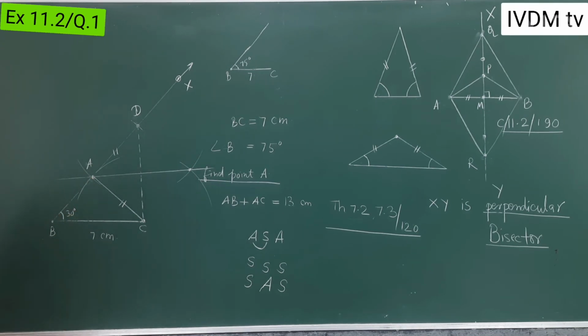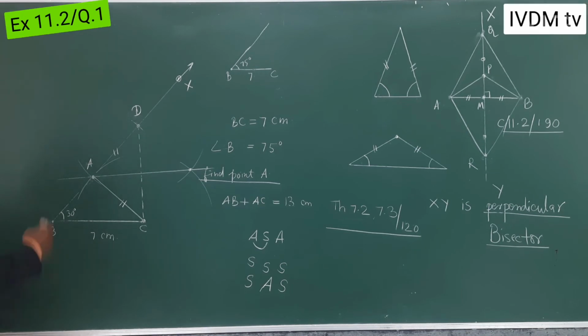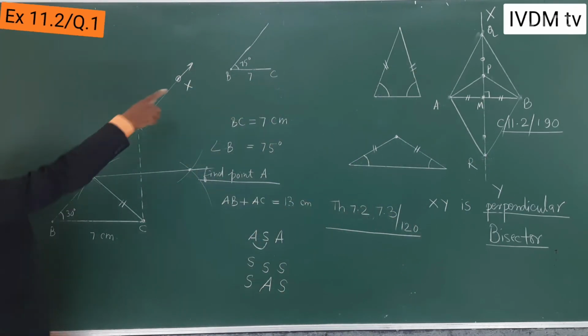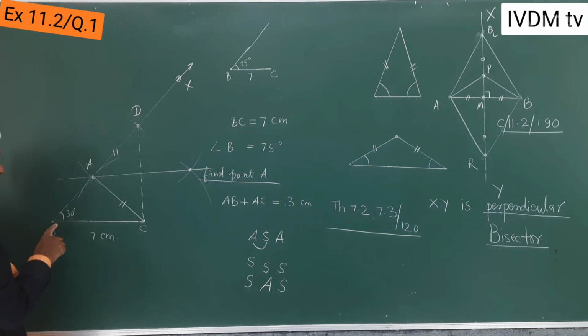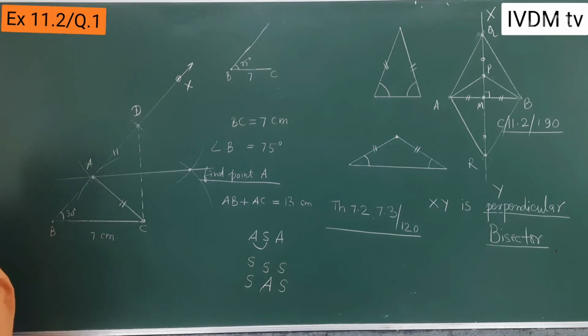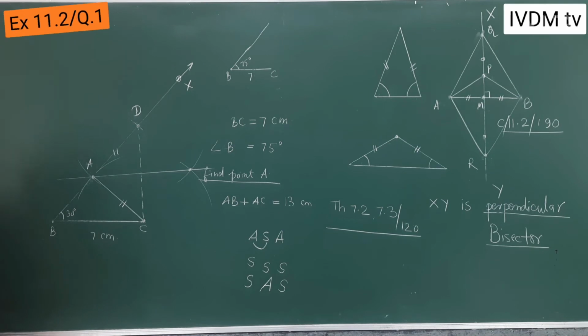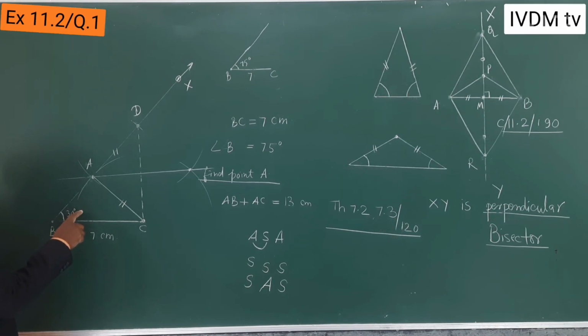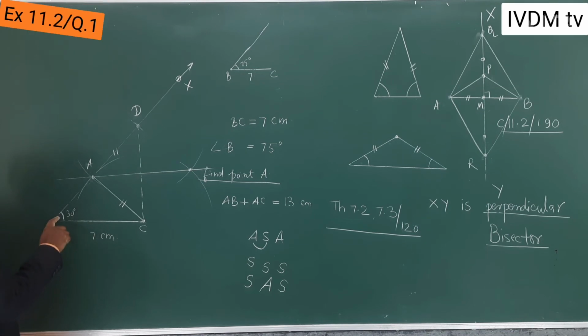And how will we write the steps of construction? As we have done. Steps of construction. First, draw base BC is equal to 7 centimeter. Second, draw angle B is equal to 30 degrees, ray BX.